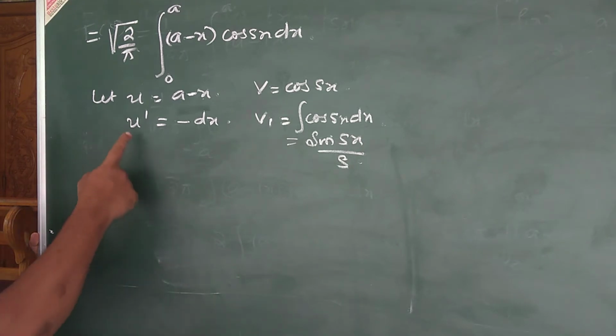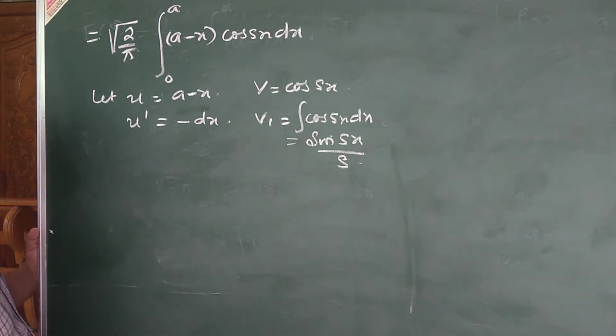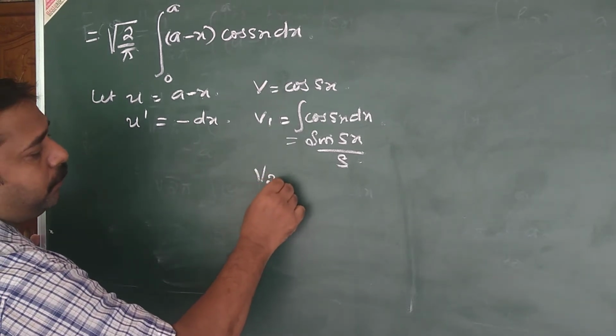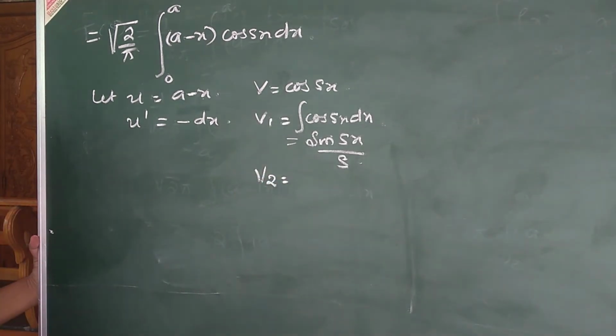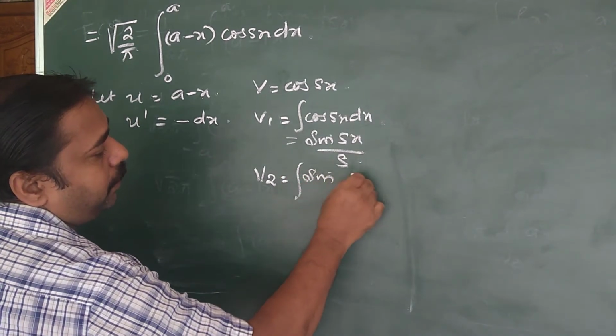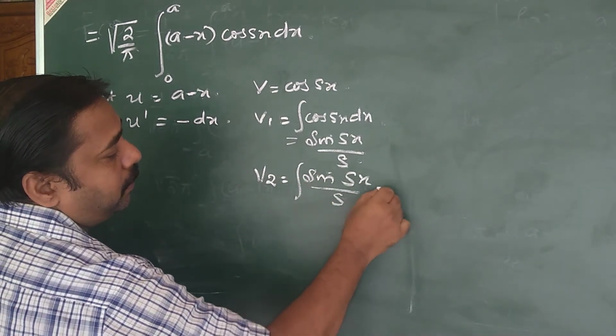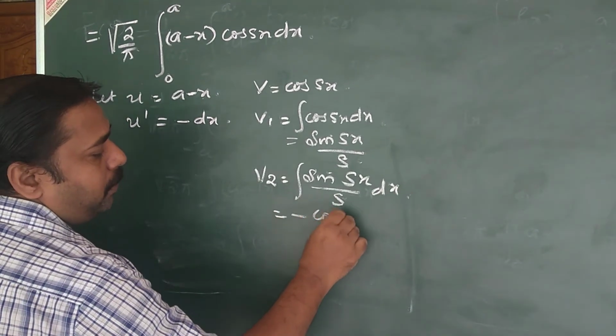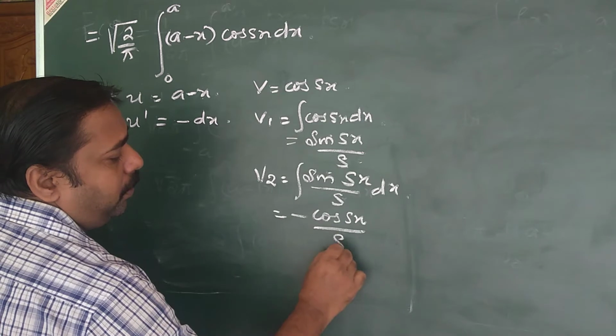Here we differentiate only one time, but we have to integrate it 2 times. So v2 is equal to the integral of sin sx by s dx, that is equal to minus cos sx by s square.